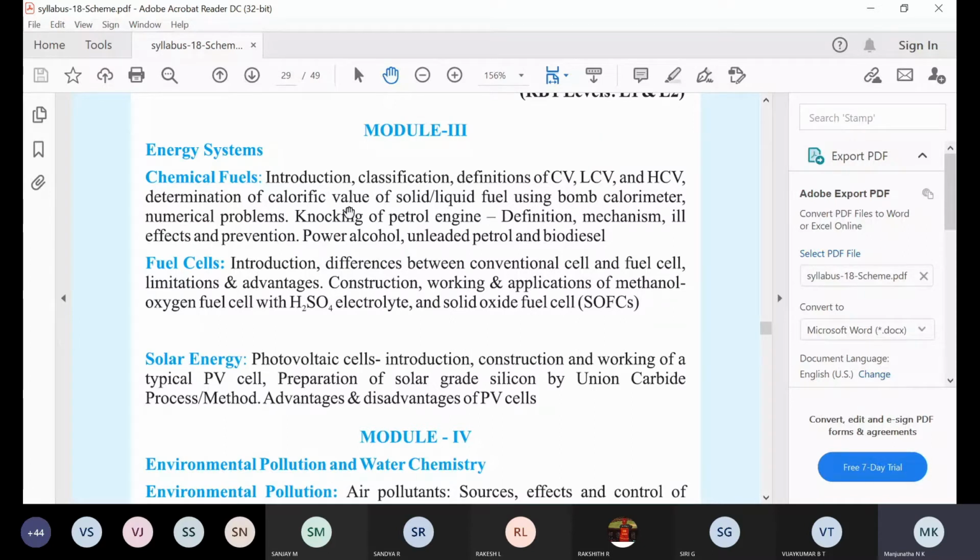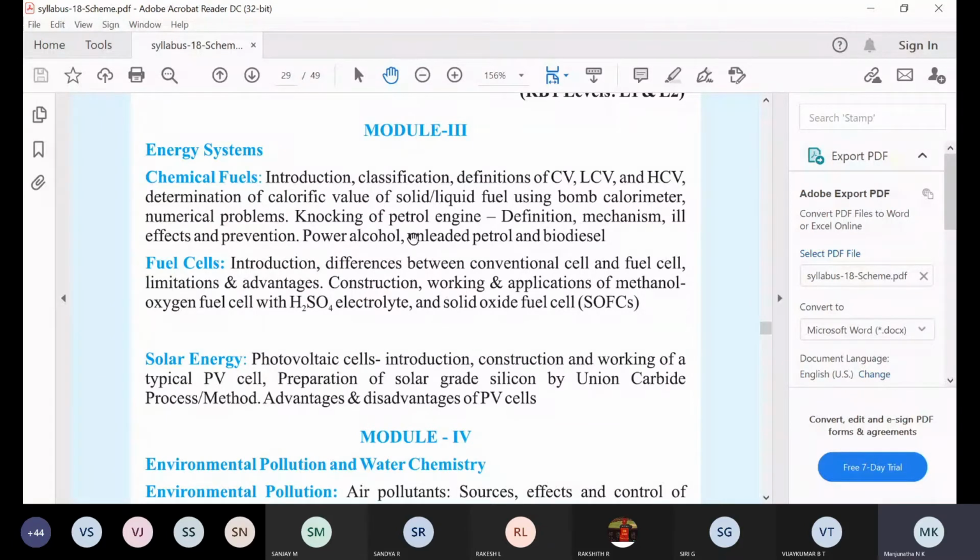That process is called knocking. We are going to discuss how the knocking process occurs in an IC engine and the mechanism involved. After that, the next topic is anti-knocking agents. To prevent knocking in an IC engine, we use some chemical substances in the fuel. Those chemical substances are called anti-knocking agents.